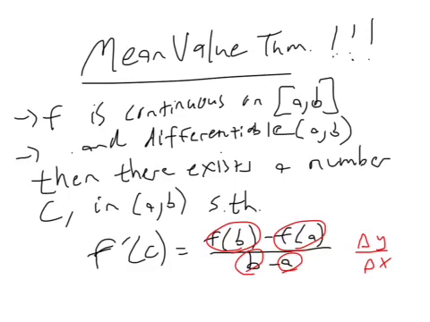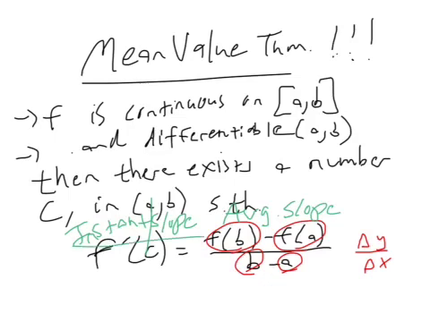So it's saying, the new color here, this is the average slope, if you can read that, average slope must equal the instantaneous slope. Or I should say it this way, the instantaneous slope must equal the average slope, at least at one place.